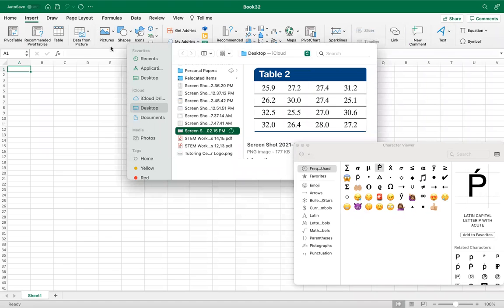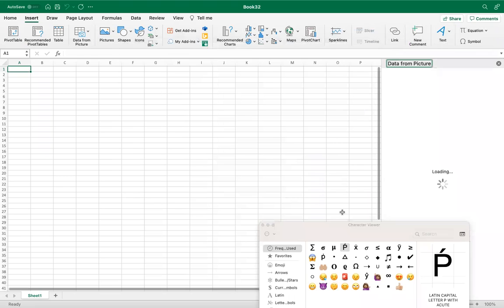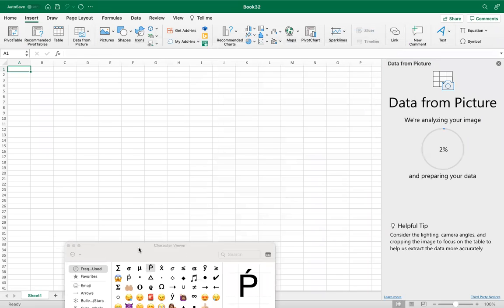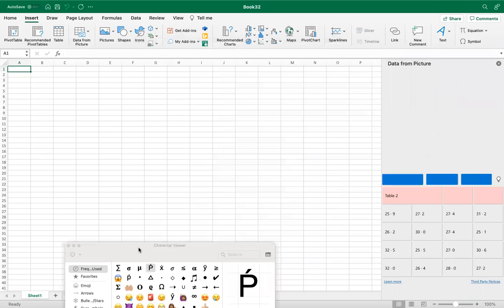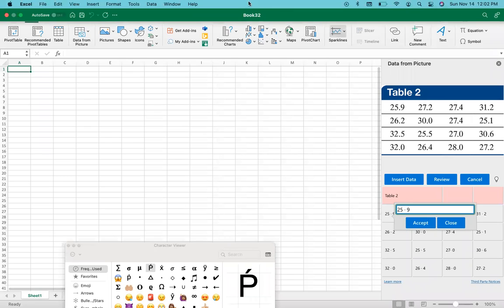And it looks like it would be this one here. All right, so it looks like it didn't catch everything correctly. It used a little dot instead of a period, so I'll fix this off camera.